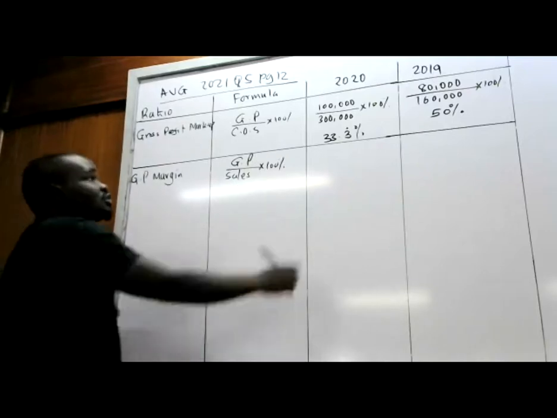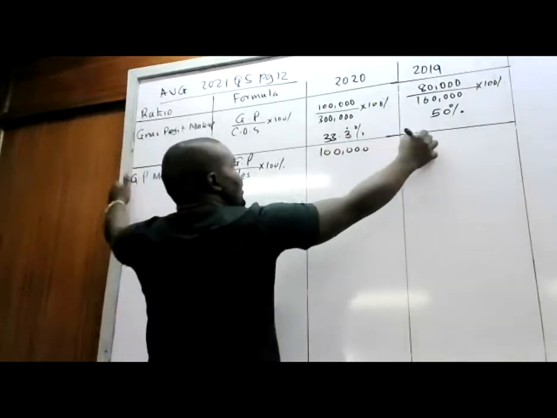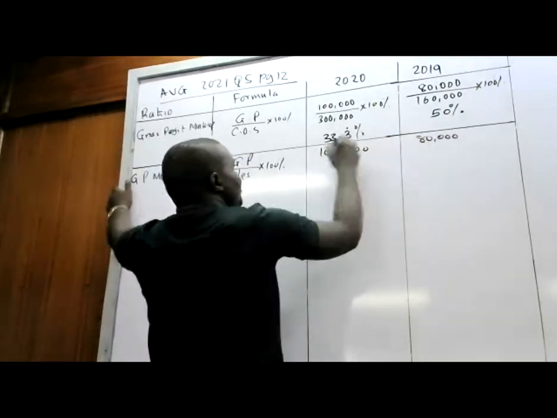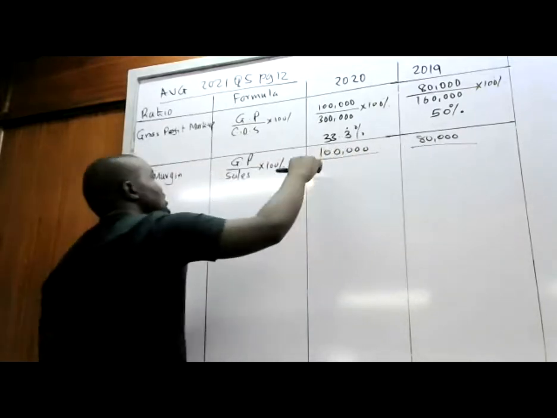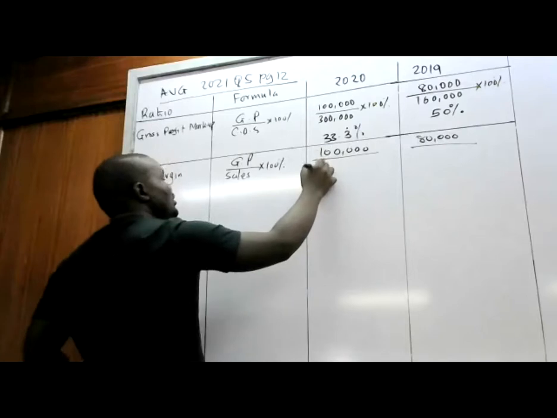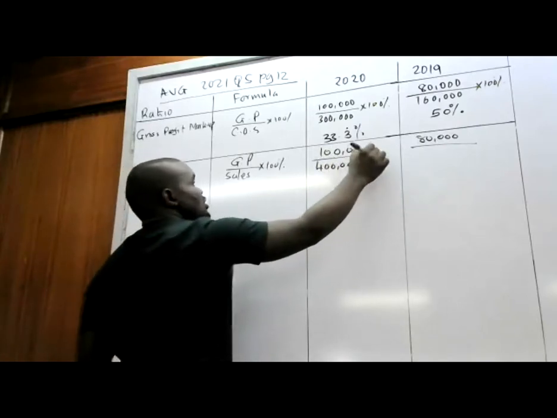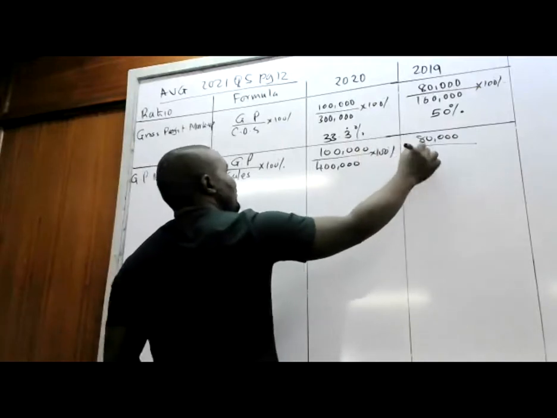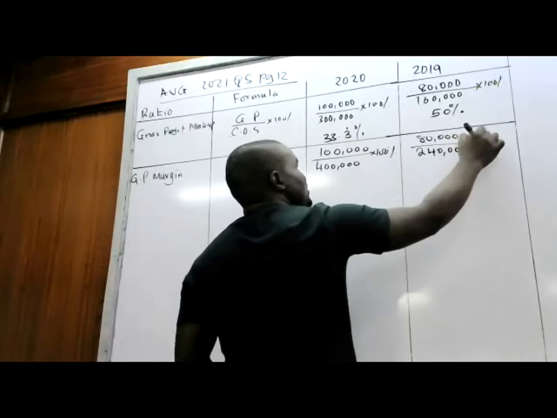So gross profit will remain the same in both. That is 80. Please help me with what? Sales. Sales here was 400. Sales the other side was 240.